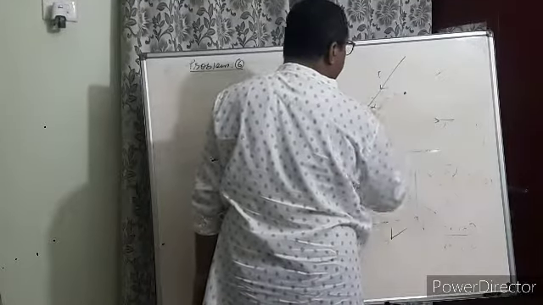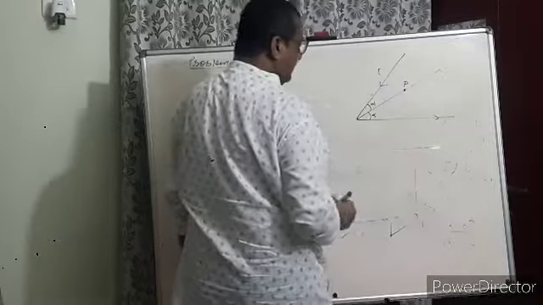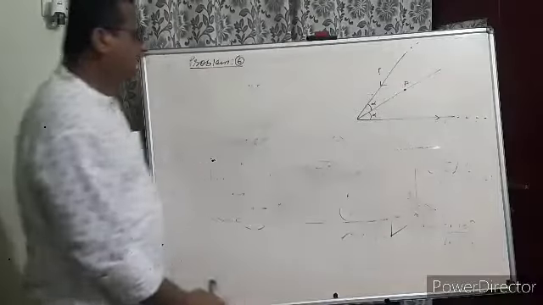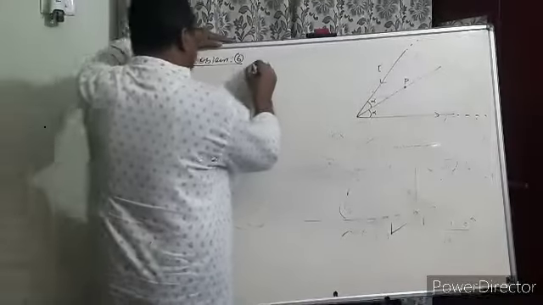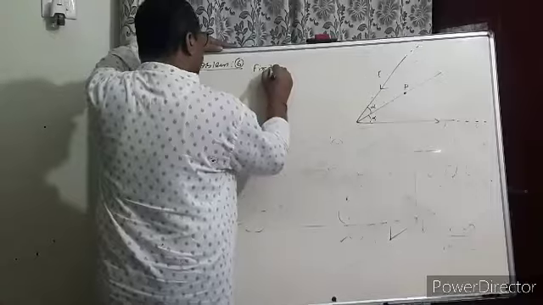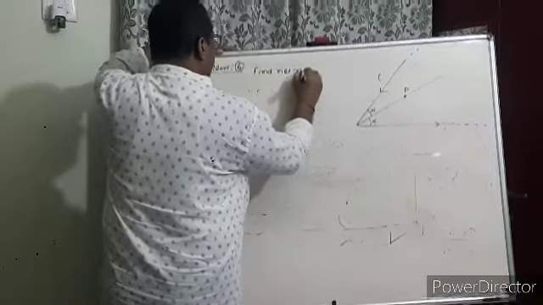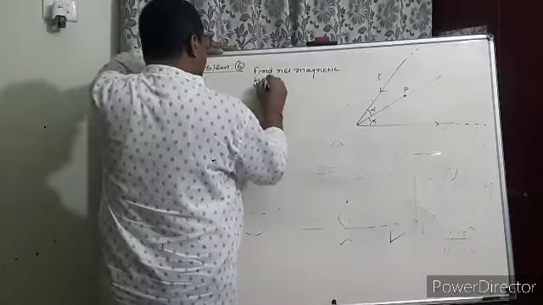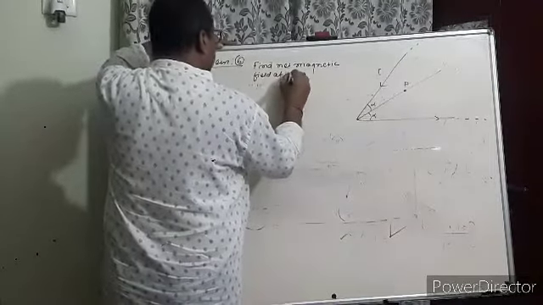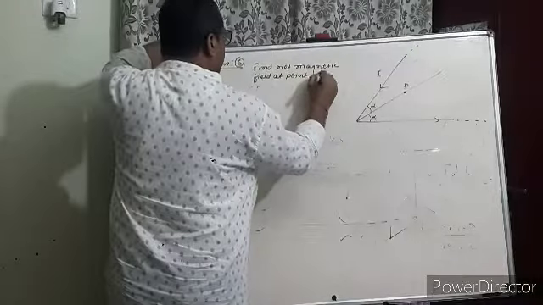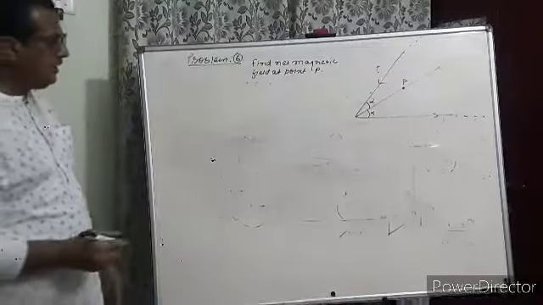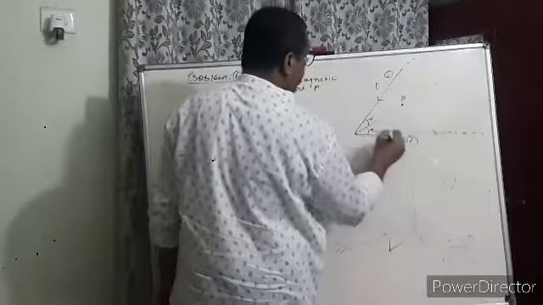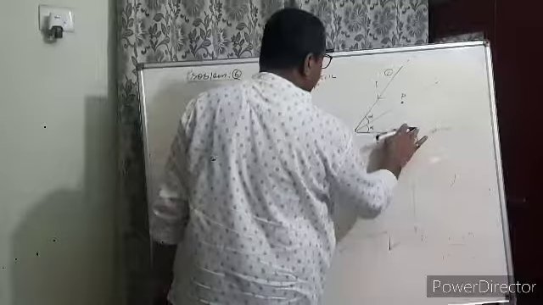We have to find the net magnetic field at point P, and this side is infinite and this side is also infinite. So first of all, indicate this wire: this is the first, this is the second. Here also current I is going.